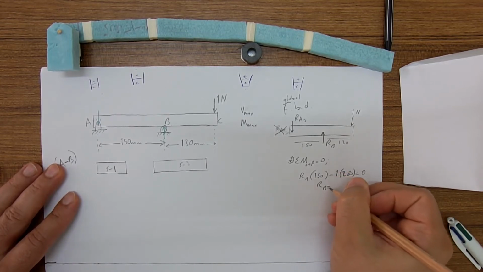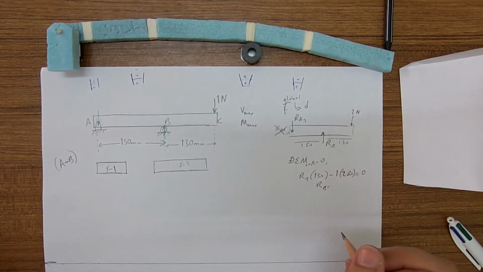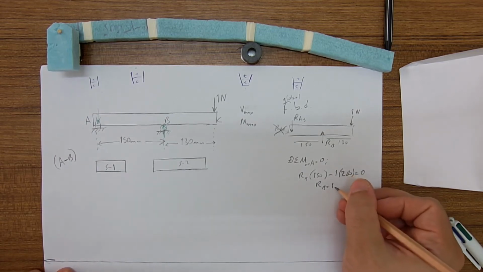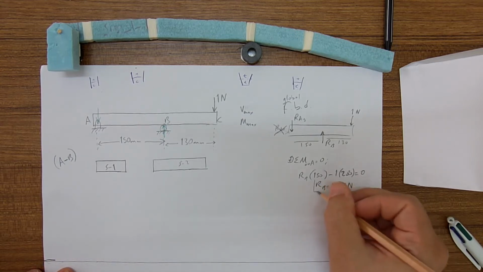From here RB is equal to 280 divided by 150. It is 1.866, or say 1.867 Newton.